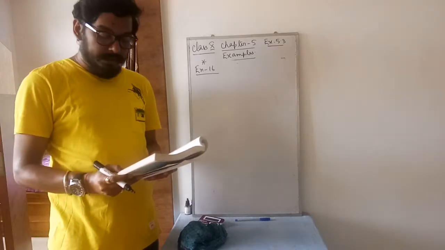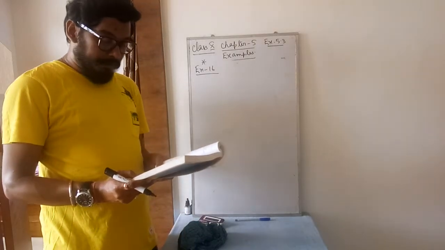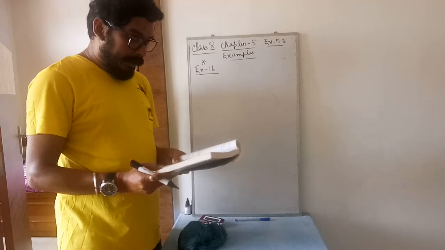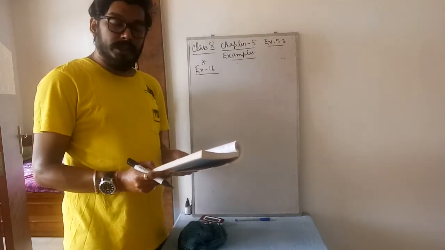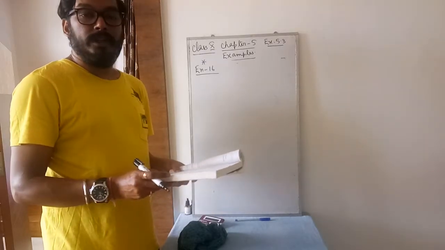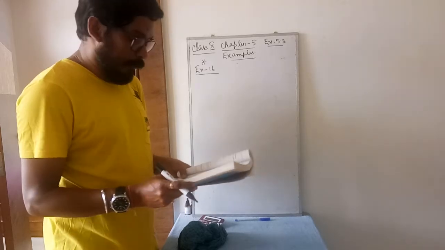In the third year, how many TV sets did they produce? 600, and 700 in the seventh year. Assuming that the production increases uniformly by a fixed number every year, find the production in the first year, meaning the first term. The production in the 10th year, meaning A10. The total production, total means sum, you have to find. Total production in first 7 years, meaning S7 you have to find.